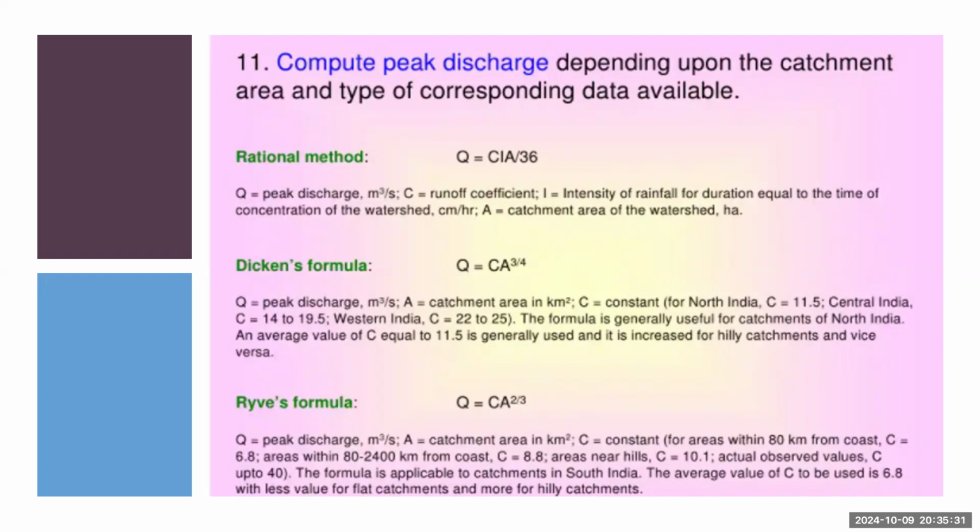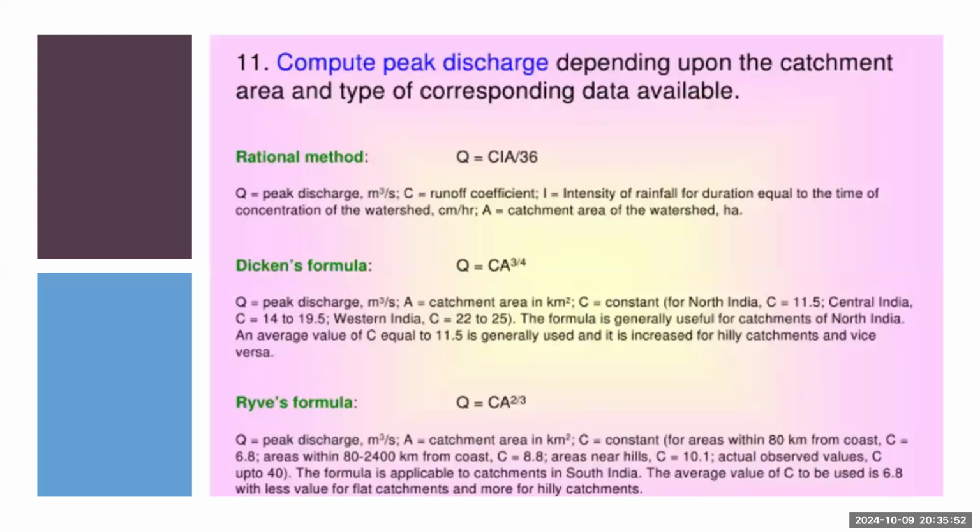Second is the Dickens formula. The Dickens formula is generally used for the catchments in North India, which provides the peak discharge. The formula is Q is equal to C into A raised to 3/4, where A is the catchment area in square kilometers and C is the constant.